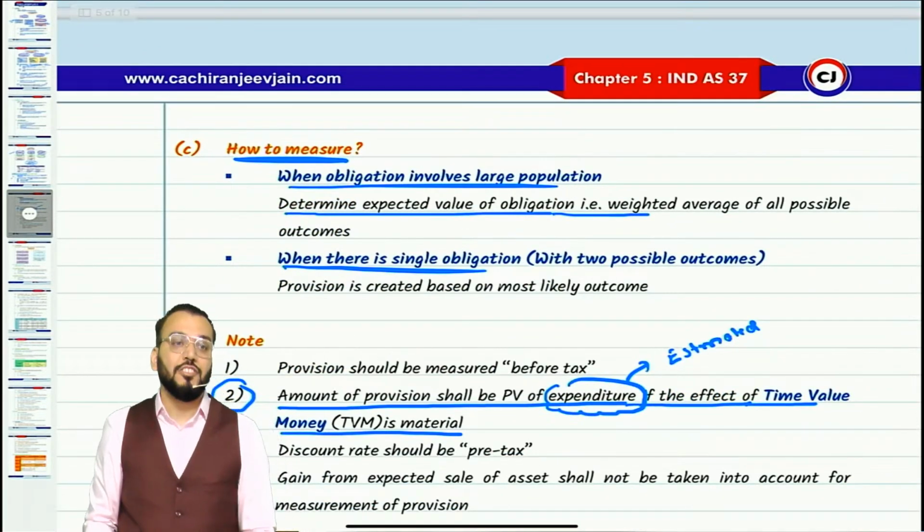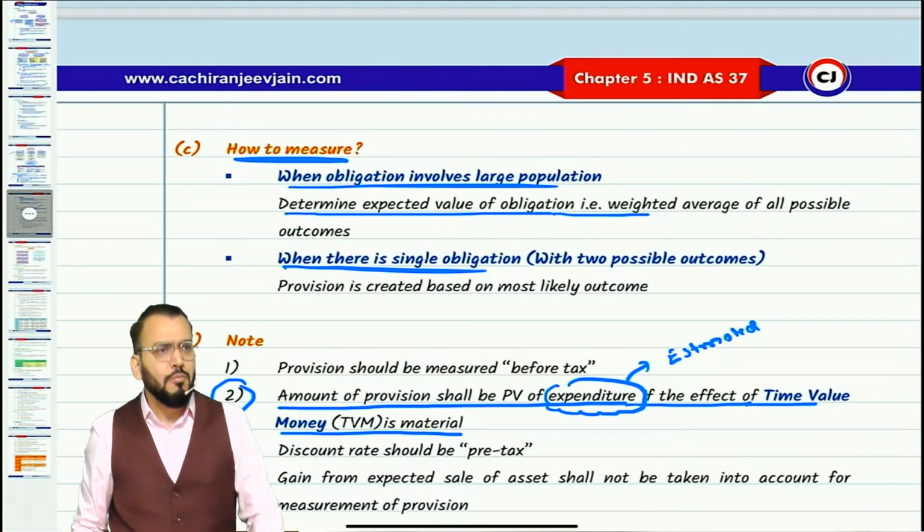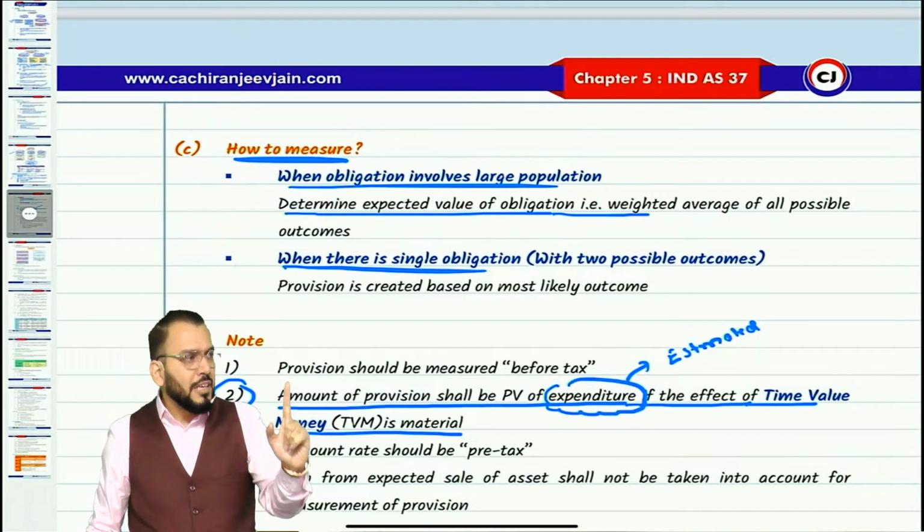When there is a single obligation. Suppose one legal case is pending. One single obligation, correct?